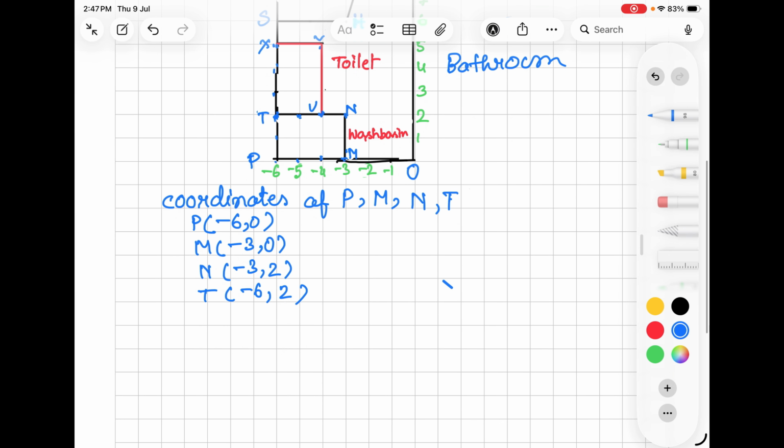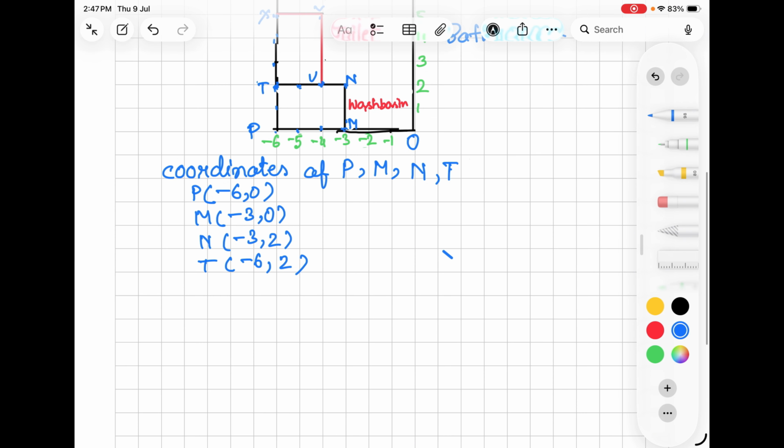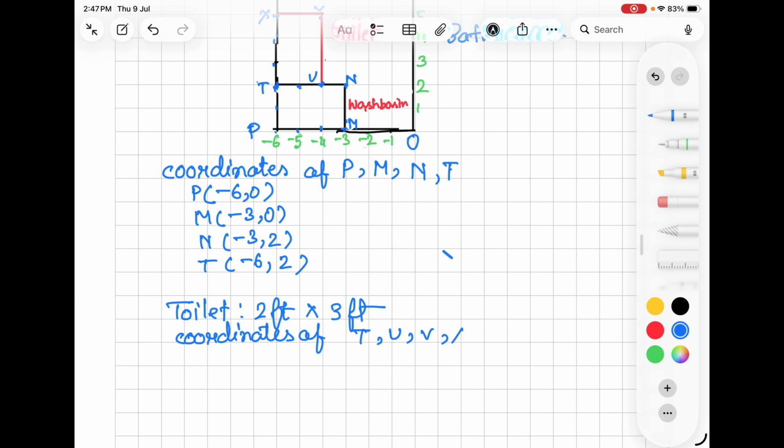Now write it for the toilet, 2 feet by 3 feet. Coordinates of T, U, V and X. Now write down the coordinates of these corners.